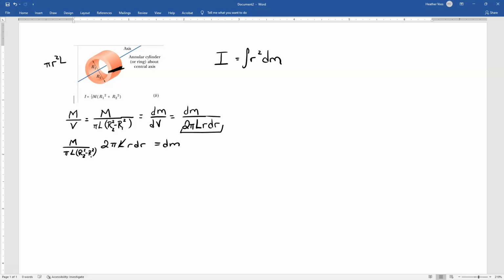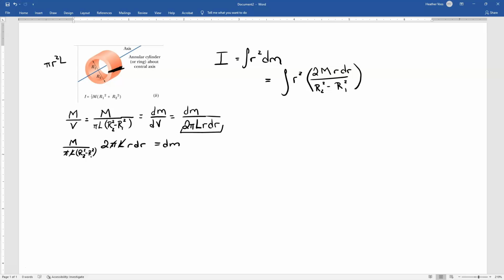So the first thing we're going to do is make that substitution to get it to something that's changing. That radius is changing as we go through this. So this integral is going to become the integral of r squared times mass times 2r dr over r2 squared minus r1 squared.